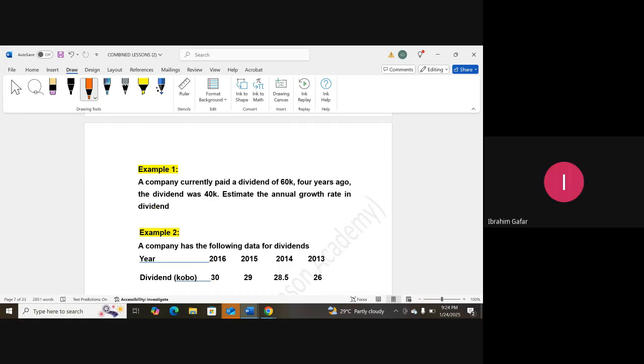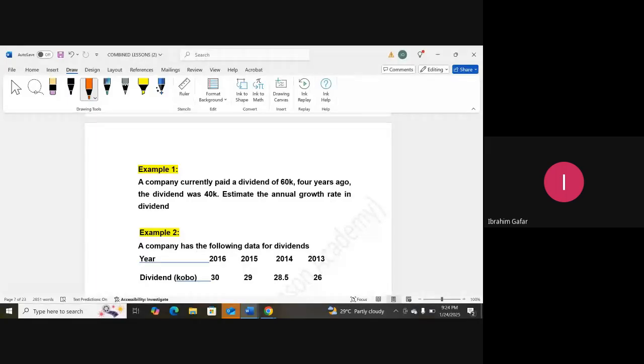Okay, God bless you. A company currently pays a dividend of 60 kobo. That's one sentence. They now said 4 years ago, the dividend was 40 kobo. Estimate the growth rate in the dividend.